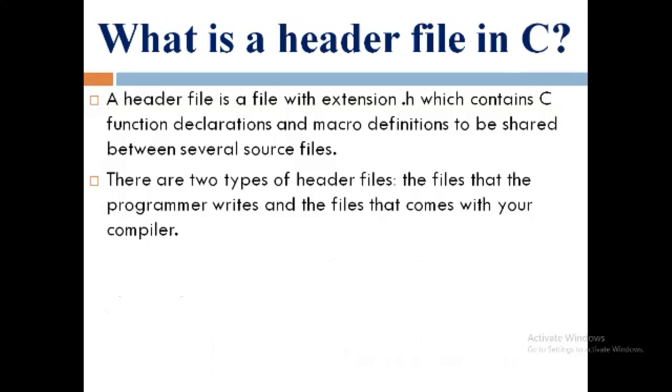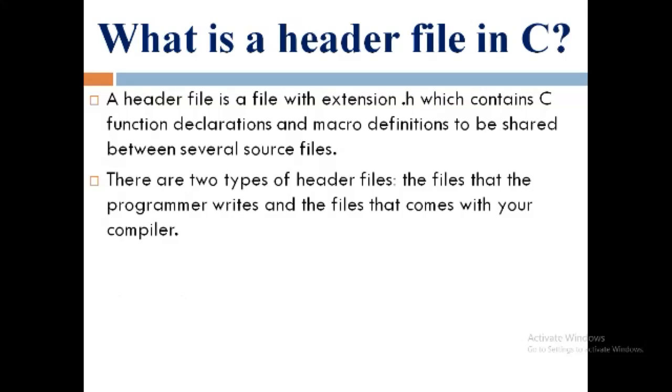Then what is a header file in C? A header file is a file with extension .h which contains C function declarations in the computer system and is saved as .h at the end of the file name, and macro definitions to be shared between several source files.